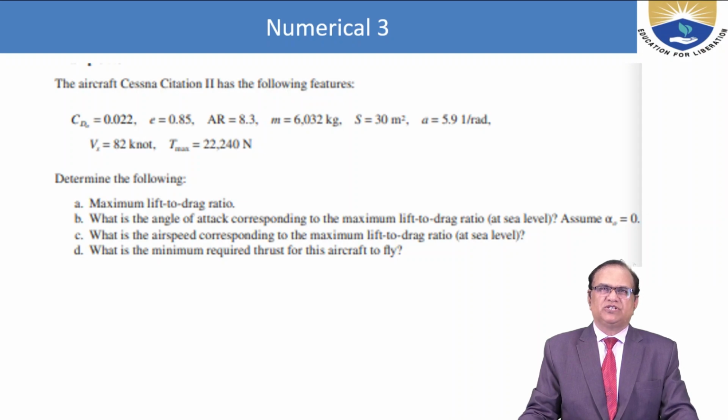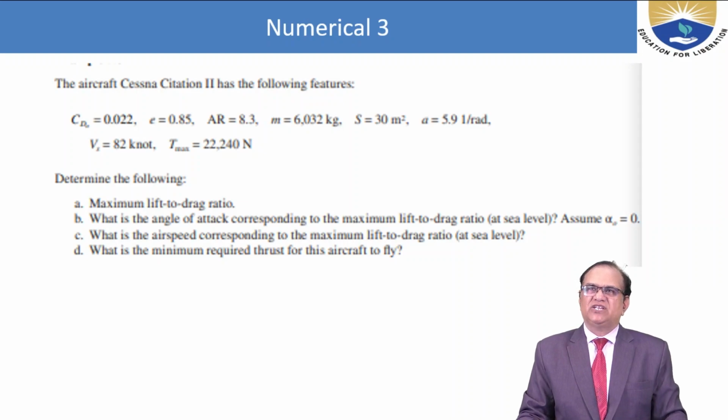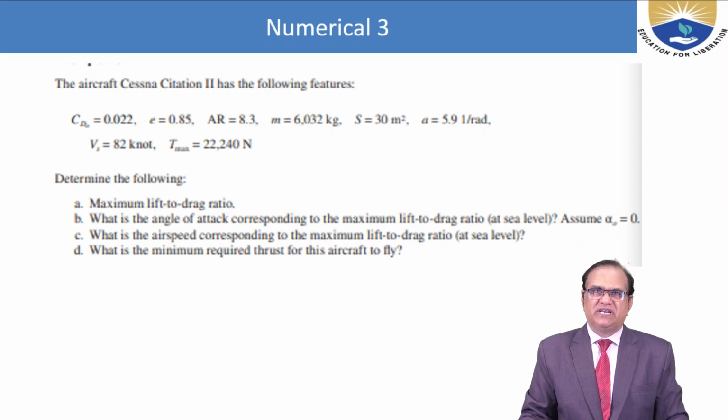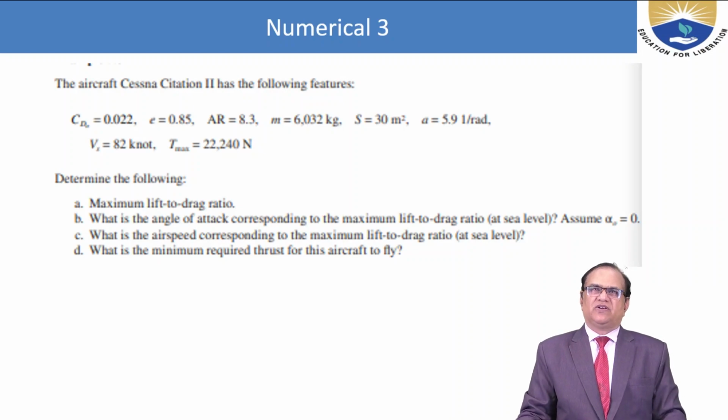CD0 is equal to 0.022, E is equal to 0.85, AR is equal to 8.3, M is equal to 6032 kg, area is equal to 30 meters square, A is equal to 5.9 per radian, VS is equal to 82 knot, T maximum is equal to 22,240 Newton. Determine the maximum lift to drag ratio.